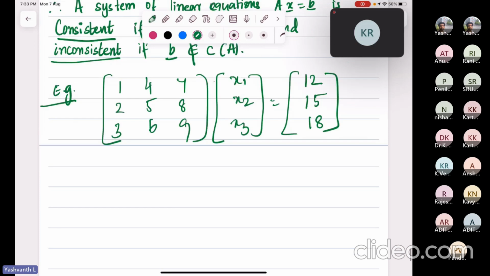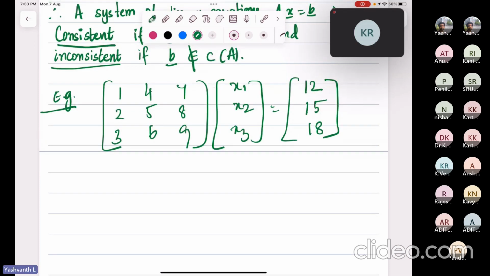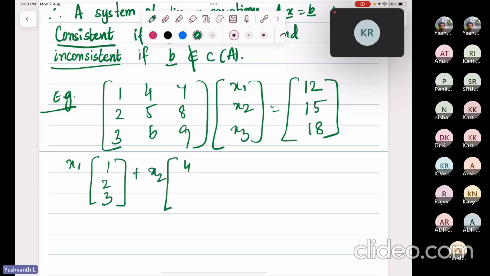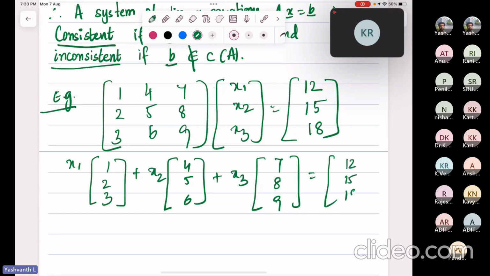You can check that this is nothing but x1 into 1, 2, 3 plus x2 into 4, 5, 6 plus x3 into 7, 8, 9 equal to 12, 15, 18. So basically I need to find for what values of x1, x2, and x3 this will be satisfied.